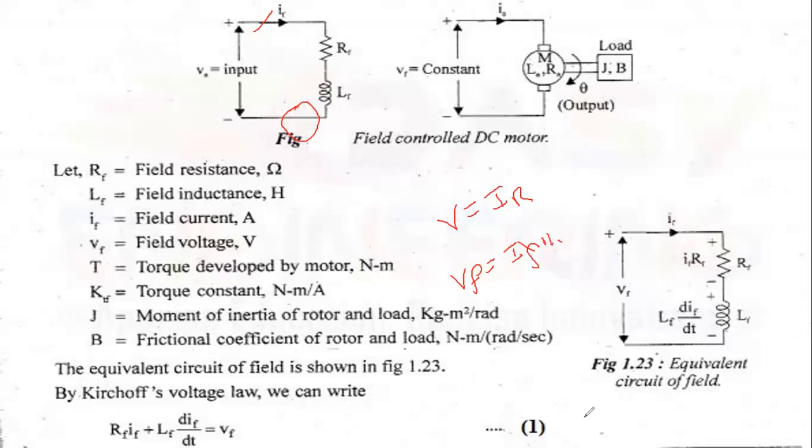So this is the equation. The first equation we have to formulate is for the electrical circuit, that is the field winding. This is the field winding equation from Kirchhoff's voltage law. Just note it as equation 1. Next.